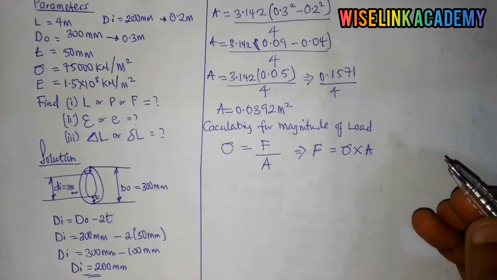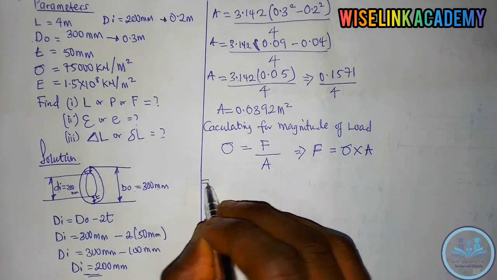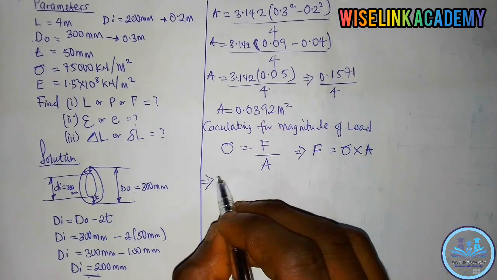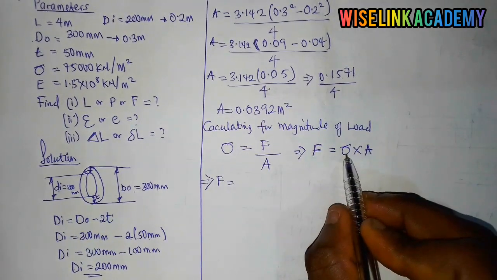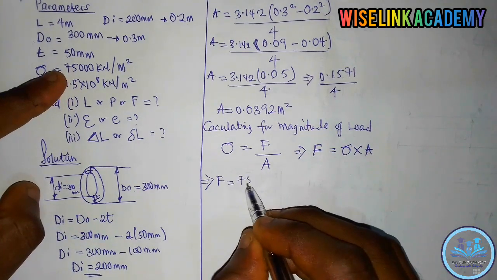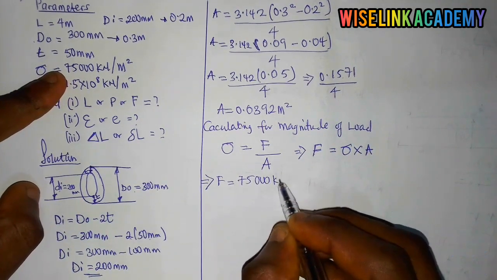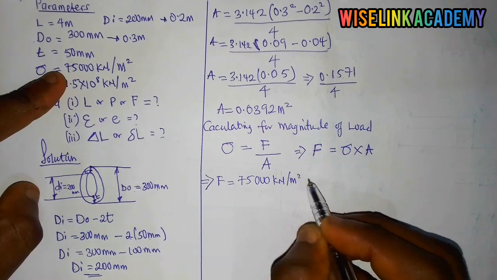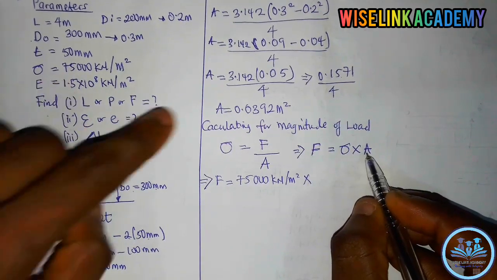So if I proceed, my F will be equal to, stress is given as this value, 75,000 kilonewton per meter square, times area.